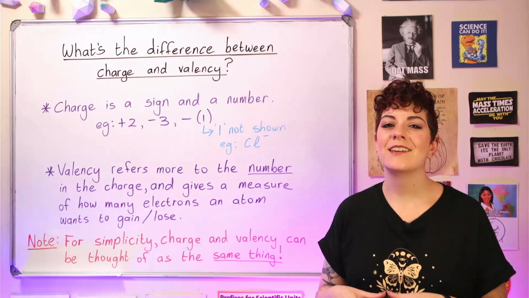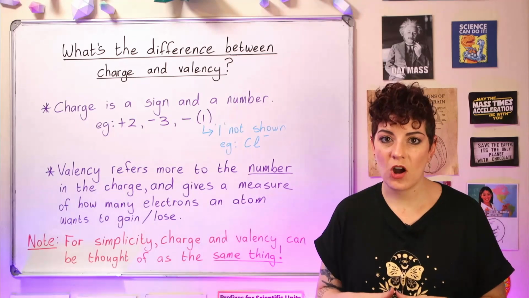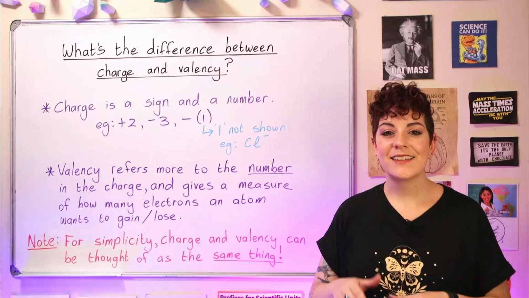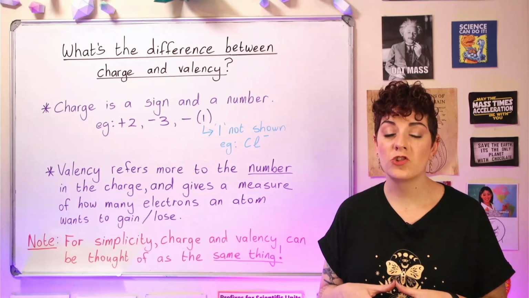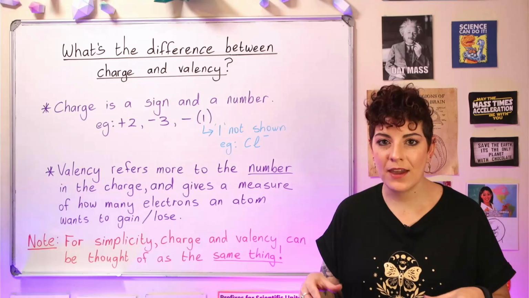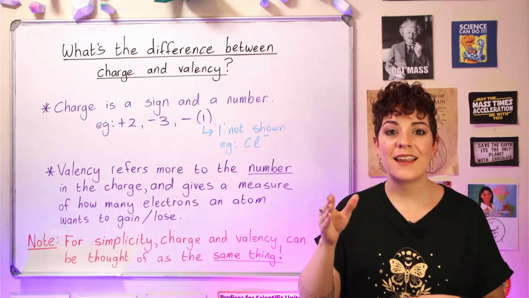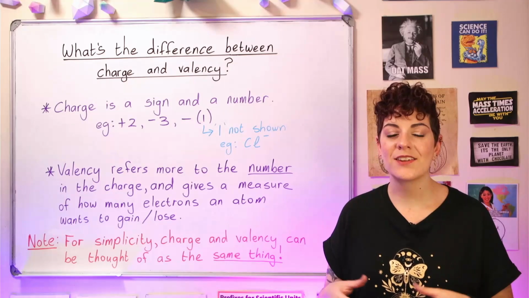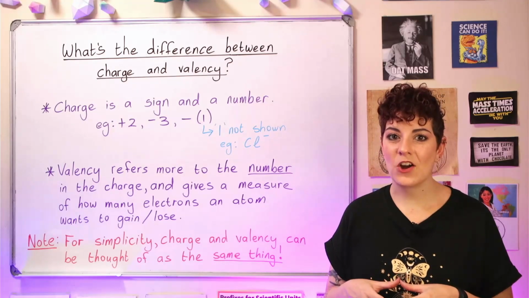Although valency is really just the number in the charge, I always give the sign in any case, and yes, it's absolutely fine to think of charge and valency as the same thing and write both a sign and a number showing how many electrons were gained and lost to form a certain ion.